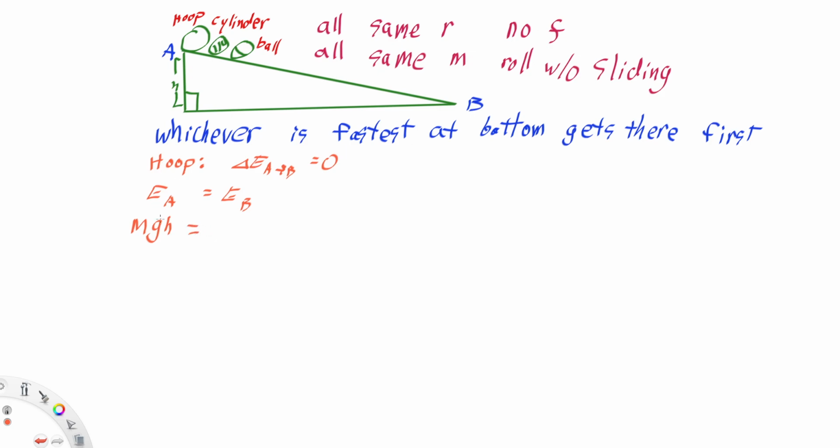What energies do we have at situation B? At the bottom, B for bottom of the ramp. We have kinetic, but since they are rolling, that means they are rotating.